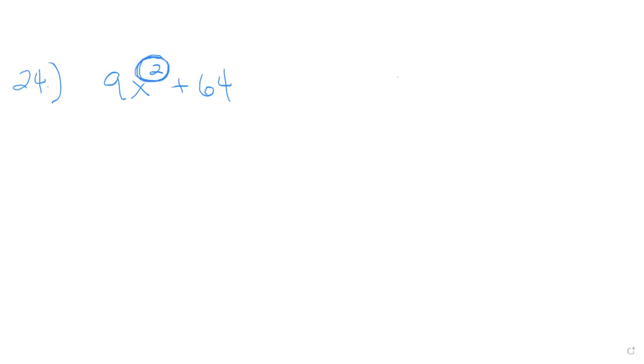Now, there is a slight problem with this, though. A lot of students will go ahead and factor this out to be 3x plus 8, 3x minus 8, and that is incorrect because remember, your rule is a squared minus b squared. It's a minus. You have to have a minus. Do we have a minus here?